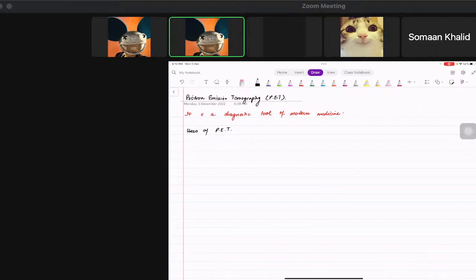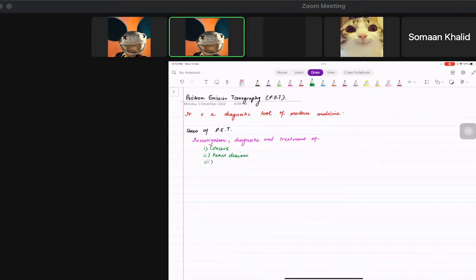PET. Number one, PET is used for investigation, diagnostic, and treatment of, why we write number one? Okay. One, cancers. Number two, heart disease.